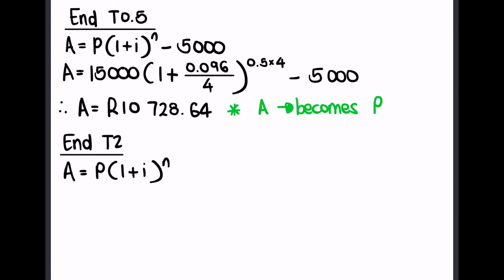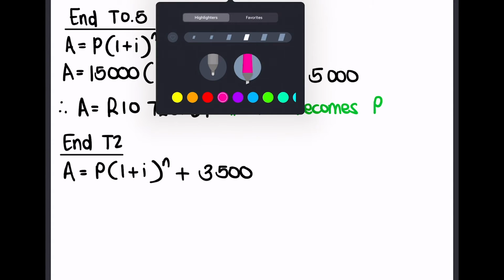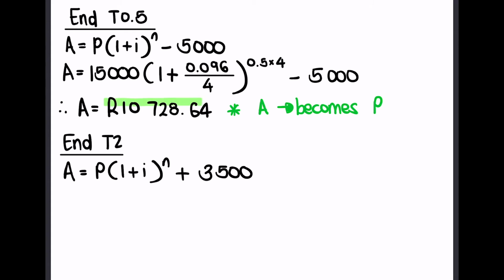But what's happening at the end of term 2? 3,500 Rand is being deposited. So I put it in my formula step so that it doesn't just magically appear. Now this A value from my previous step is going to become my P value.